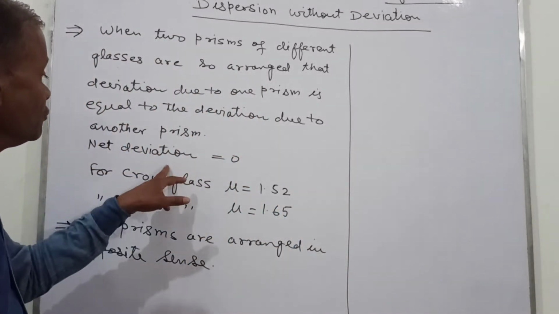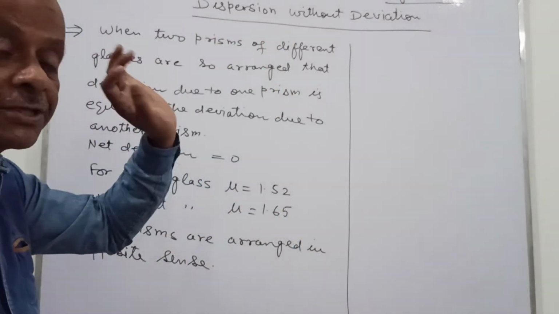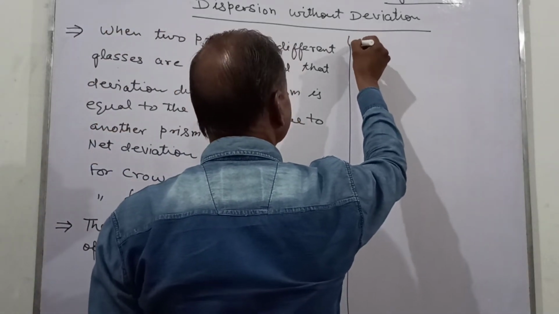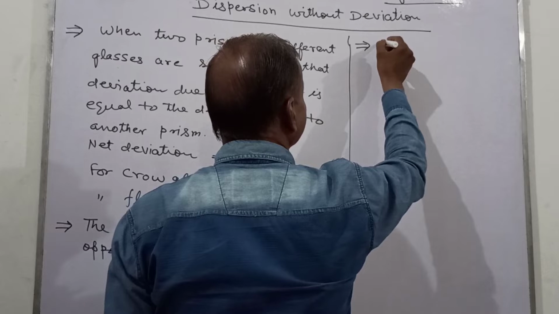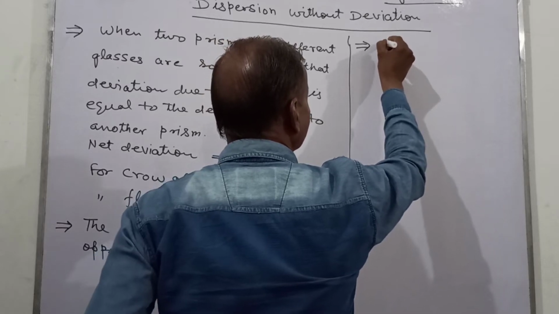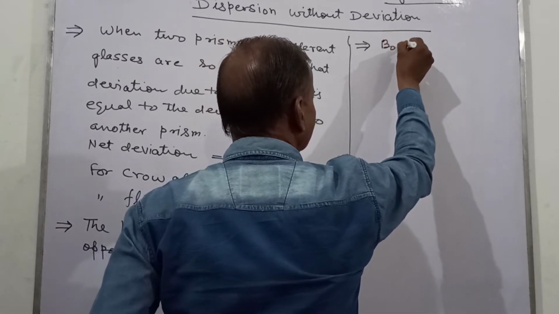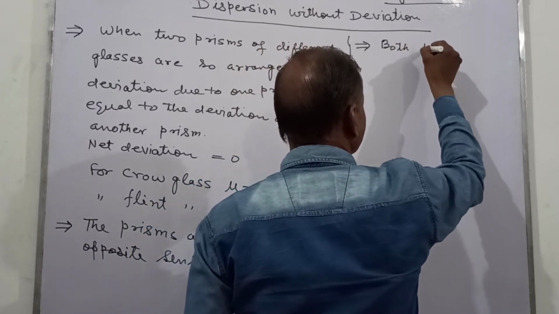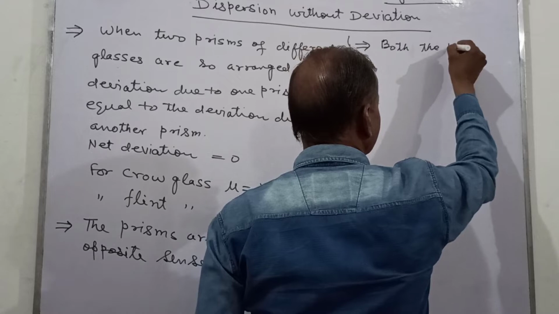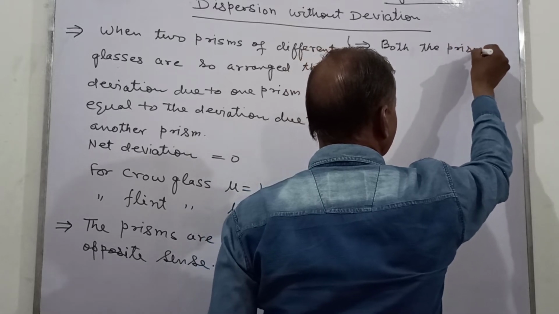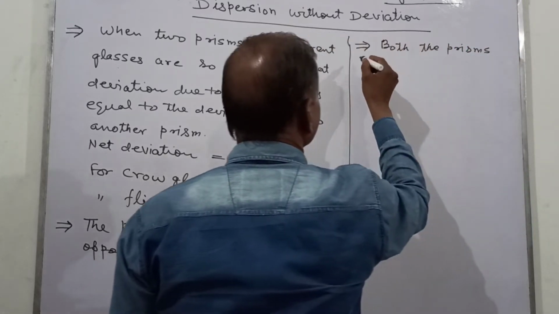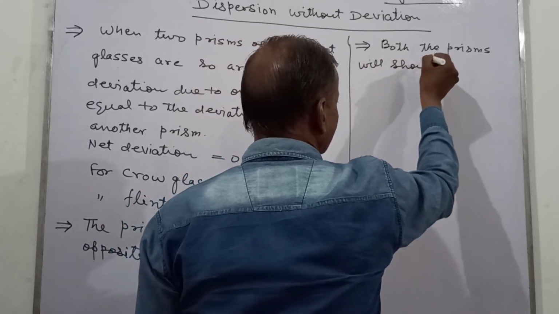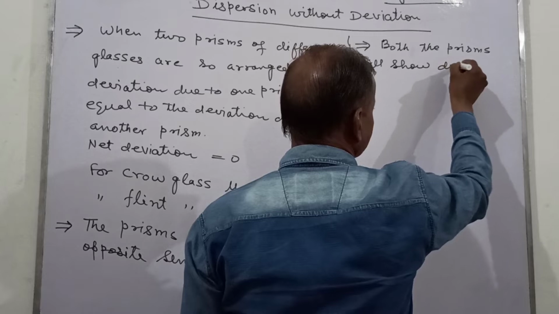So deviation is equal to 0, but there will be the dispersion. Both the prisms will show dispersion.